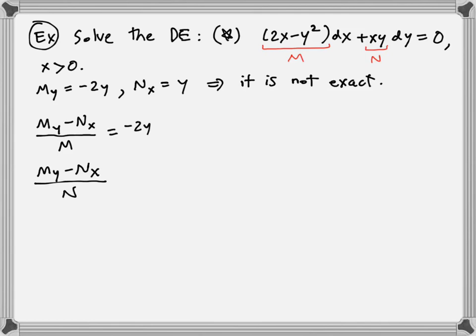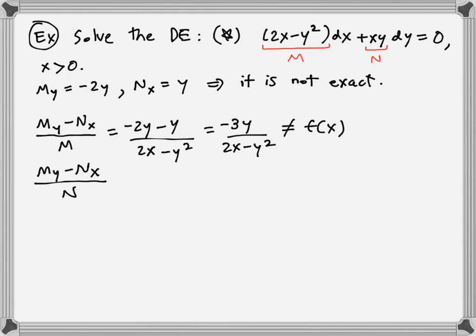Well, we get negative 2y minus y, and then divided by 2x minus y squared. This is negative 3y over 2x minus y squared, which is definitely not a function of x, right? Oh, sorry, that one needed to be a function of y, didn't it, right? When you divide it by M, yes, that needed to be a function of y. So it's clearly not. So let's just say this is not equal to g of y.